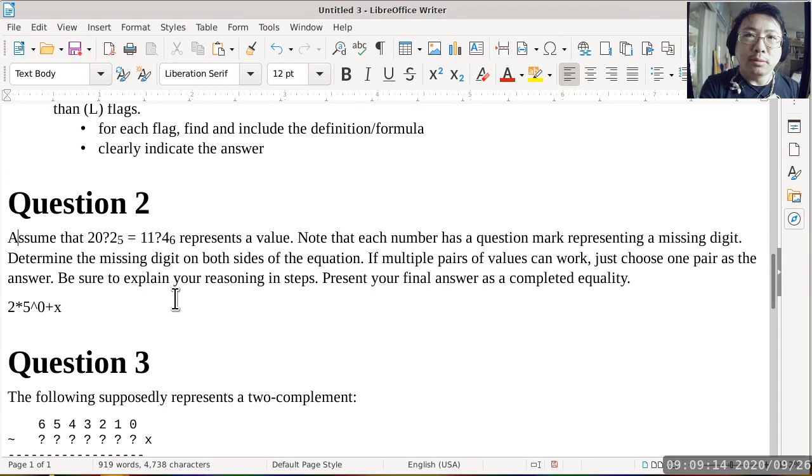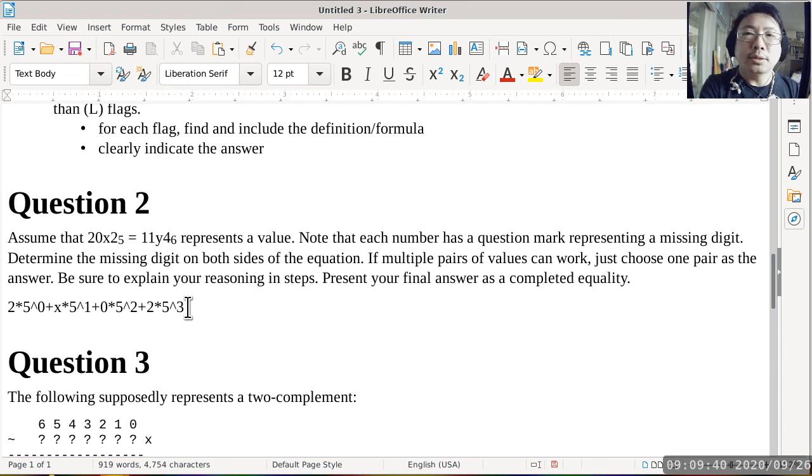So let me go back here and modify this slightly. We'll call this x and we'll call this y, okay? So we have x times 5 to the power of 1 plus 0 times 5 to the power of 2 plus 2 times 5 to the power of 3. 0, 1, 2, 3.